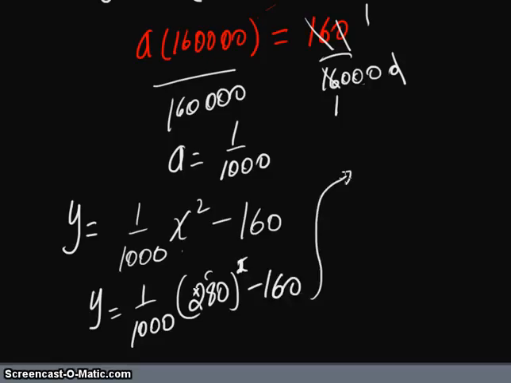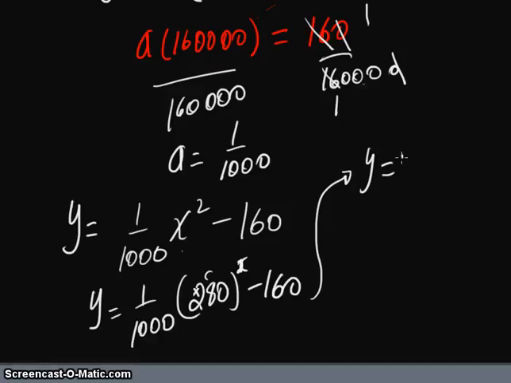I'm running out of space, so I'm going to come right here. When you do the math here, 280 squared is going to be a really big number. That's going to be 78,400, and then we divide that by 1,000, and I get 78.4.